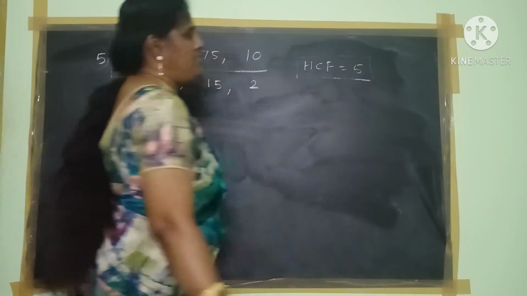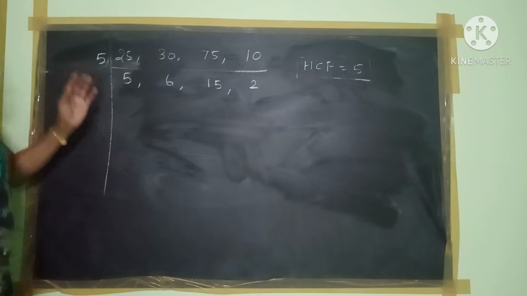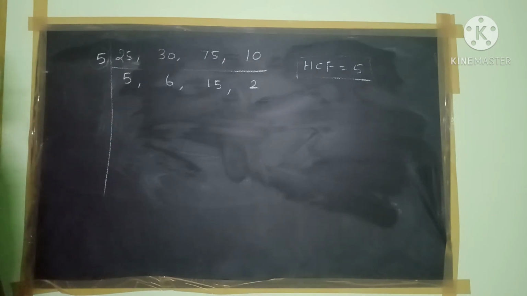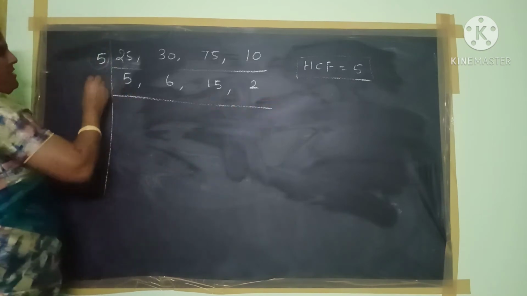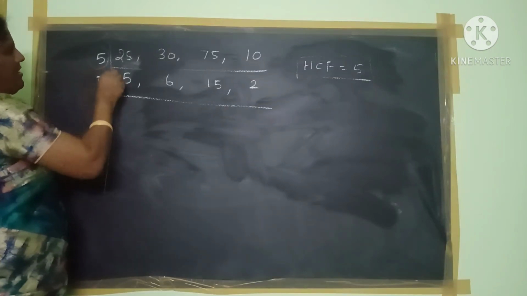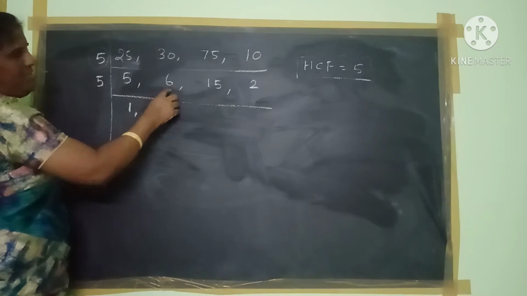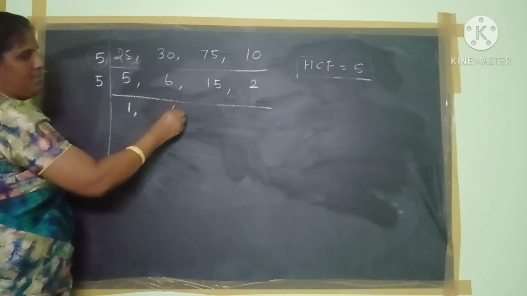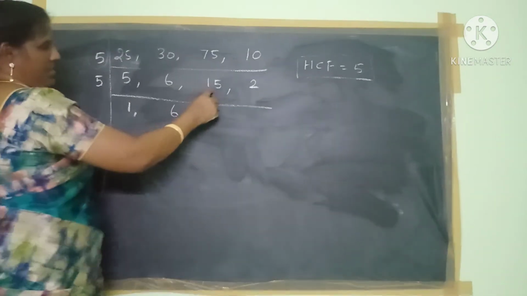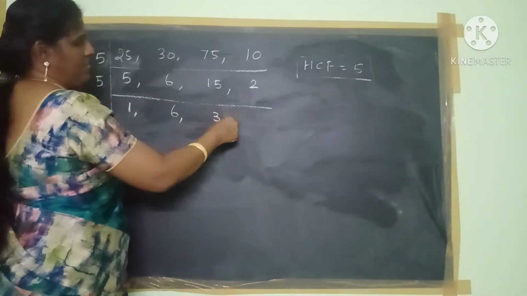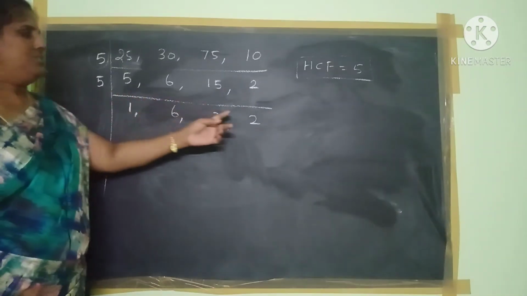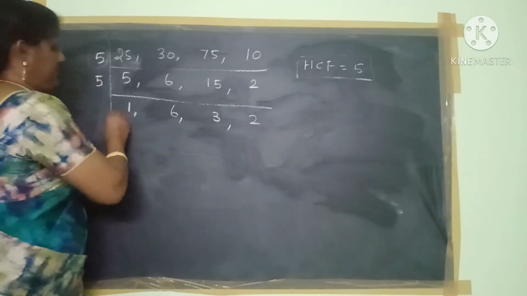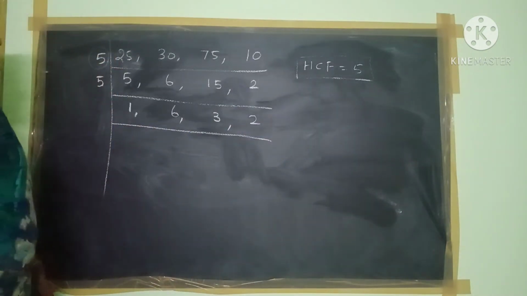The remainder all has to be what? Yes. So next we will take the 5 table again. In the 5 table, 1 time. 6 will not divide into the 5 table, so just put it down. In 15, 3 times will come. 2 will not be divided by the 5 table, so just keep it down. Next, see what other number there is.